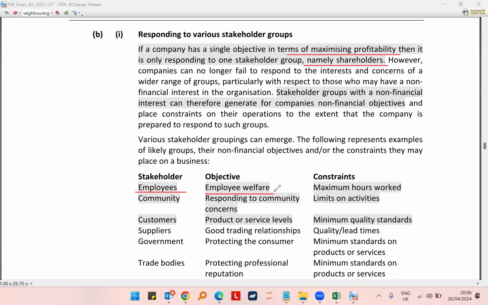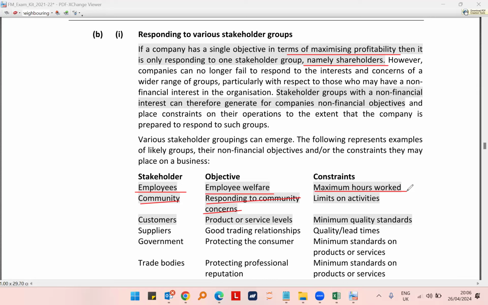Then we have the community at large, which wants you to respond to community concerns. And now the constraints are being put here for each group. For the employees, the constraint is the maximum hours worked. For instance, you can't make your employees work for 9 hours a day.